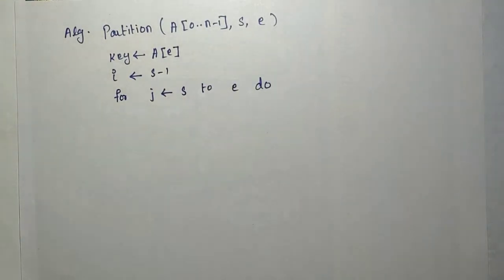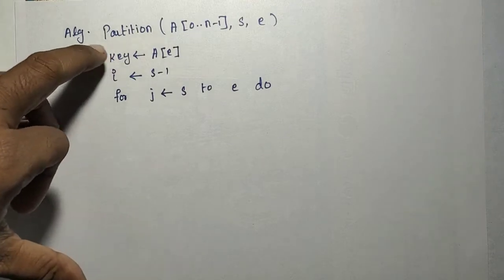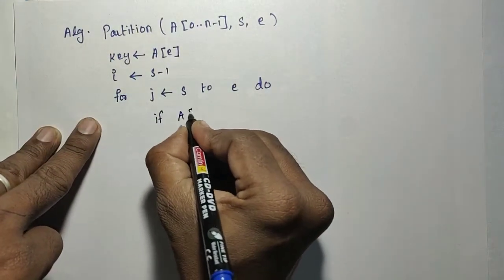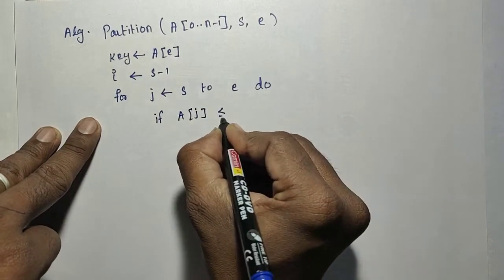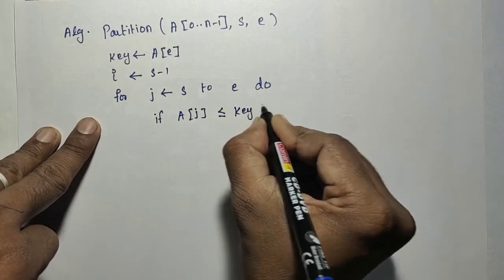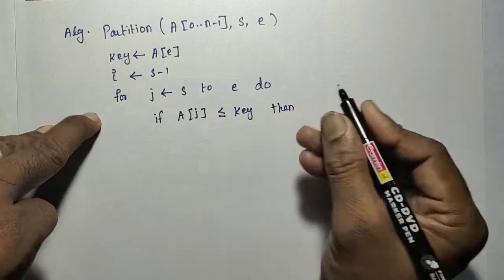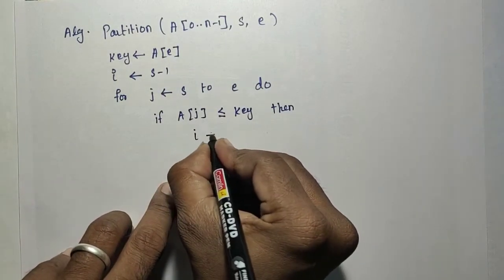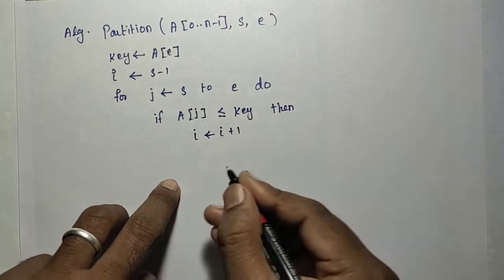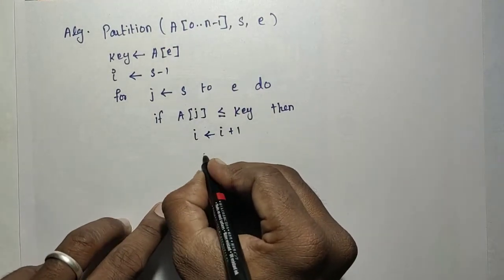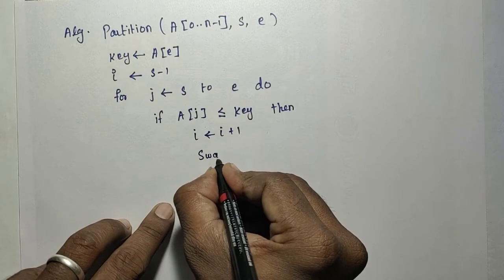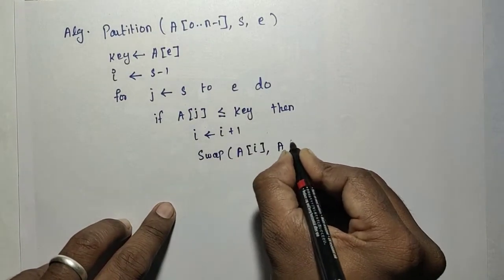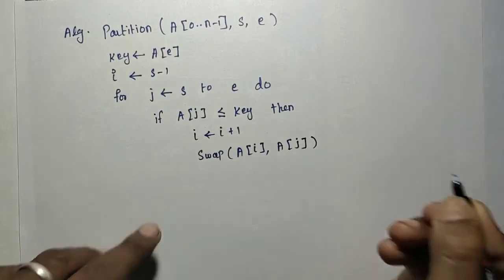In each iteration, the key element and the jth element will be compared. If A of j is less than or equal to the key element, then increment and swap. Increment means i equal to i plus 1, and then swap. I can call swap of A of i and A of j.